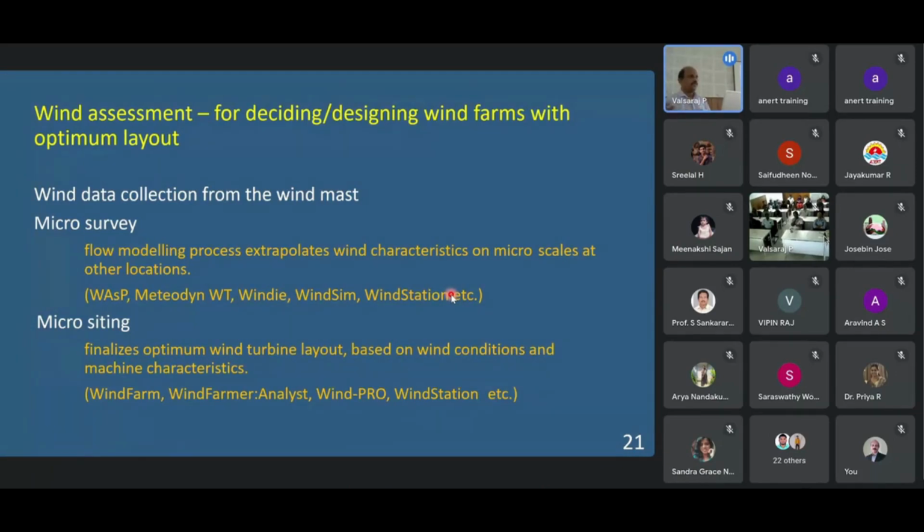Then comes micro siting. Once the micro survey is over, exactly at what points you have to position the wind masts is decided in micro siting. We have different software packages for micro survey as well as micro siting. Micro siting depends on the characteristics of the wind turbine as well.